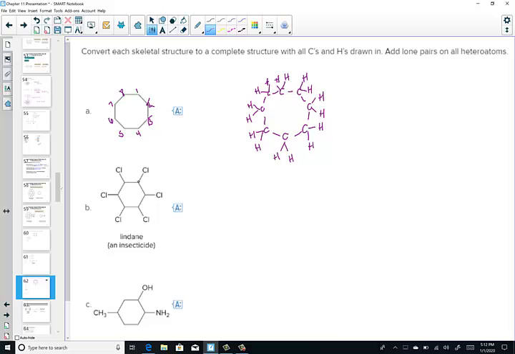Here we have 1, 2, 3, 4, 5, 6 carbons in a cyclic structure. Now, every carbon requires 4 bonds. One of the bonds goes to chlorine, therefore we know the other bond has to be a hydrogen.